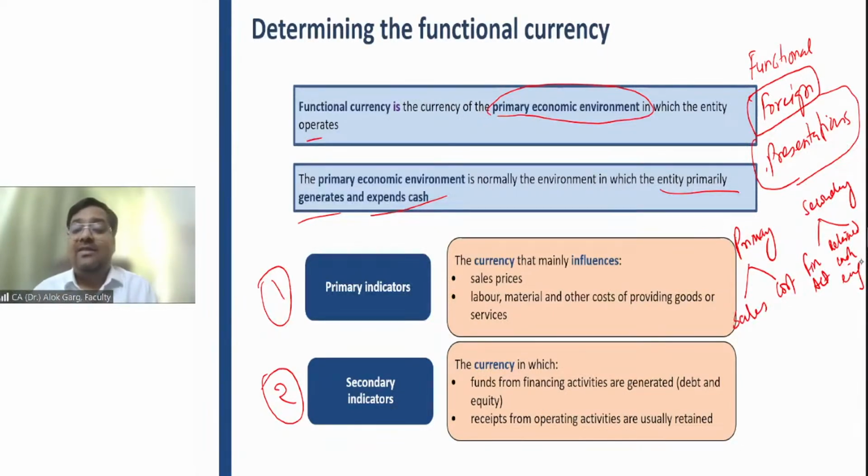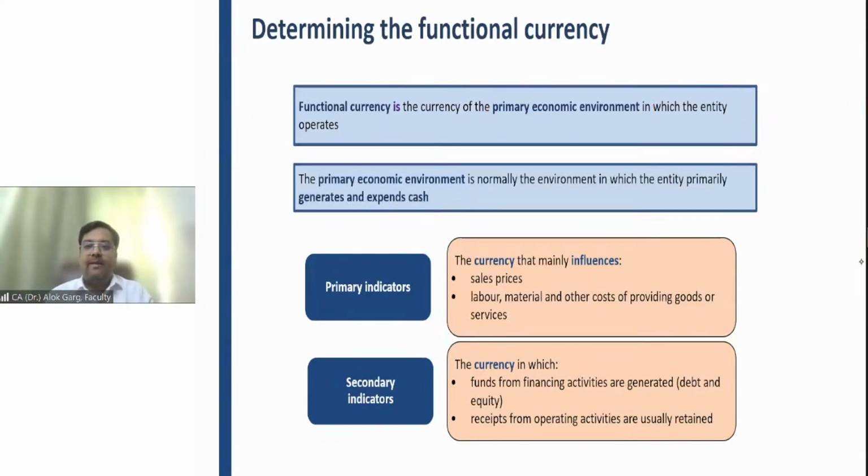You need to see the currency in which the major sales are happening and the currency in which the major input cost is incurring, because this is the currency which will influence your sales prices and direct costs, right? And the secondary indicator is the currency in which the entity is generating equity and debt, and the currency in which the entity is retaining the remaining receipts, right?